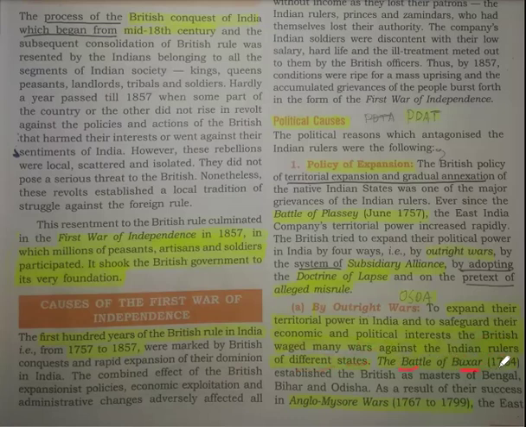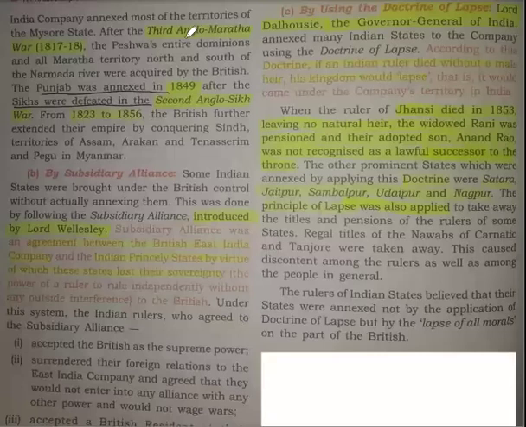The Battle of Buxar, 1764, Anglo-Mysore Wars, 1767 to 1799. So guys, the other was Third Anglo-Maratha Wars, that was 1817 to 1818. Then the Punjab was annexed in 1849 after the Sikhs were defeated in the Second Anglo-Sikh War.